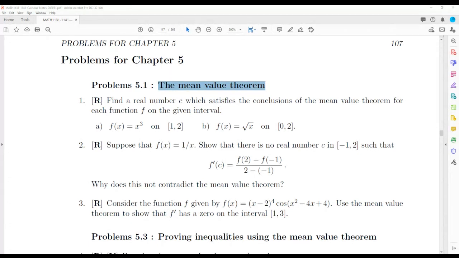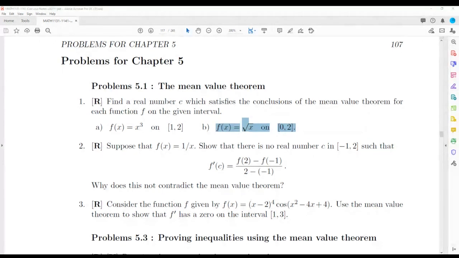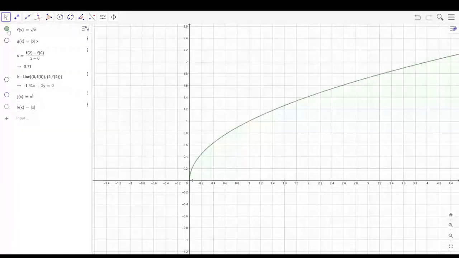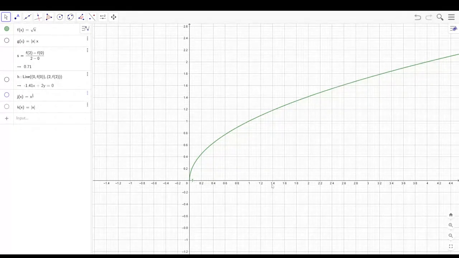Well, probably the best way to illustrate it in an informal way is just to draw a picture. Did someone say GeoGebra? Let's look at this function here, root x on 0, 2, and I'm going to put up a GeoGebra picture, and all will be revealed. Okay, so here we go. I've got a function, root x. Really, I'm just interested in the interval from x equals 0 to x equals 2, but I've drawn the whole thing in there.